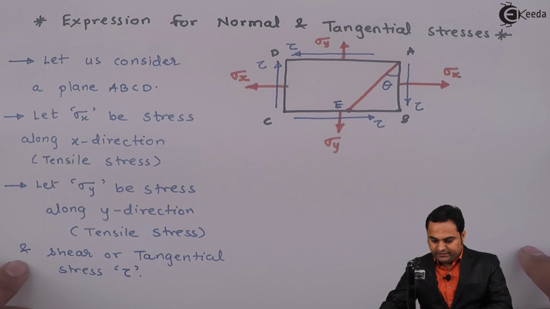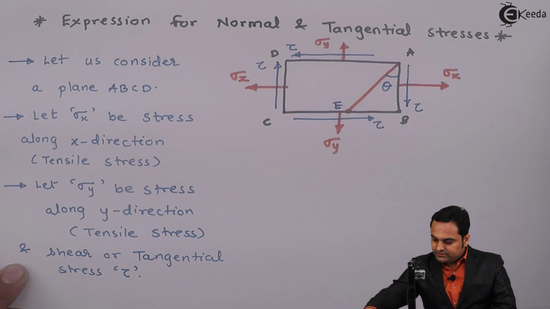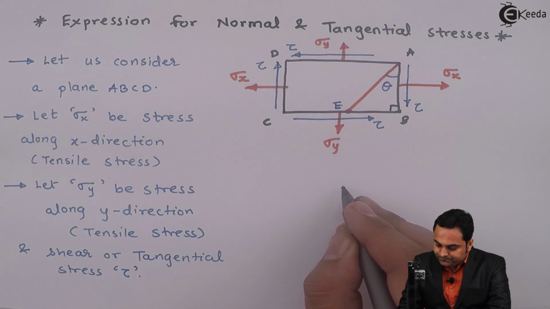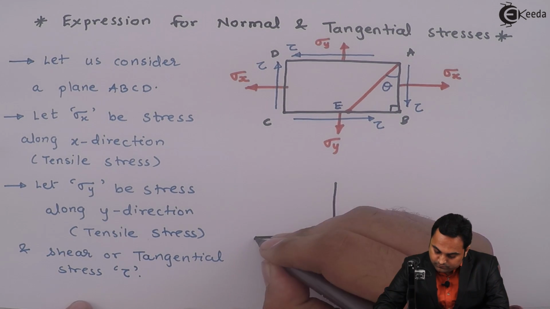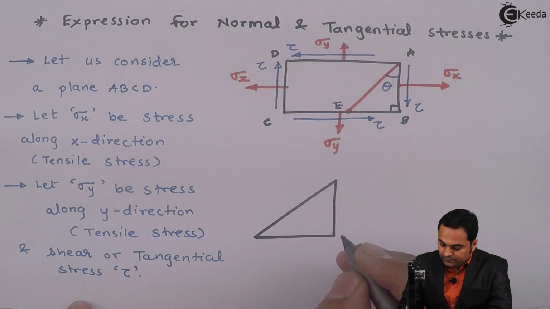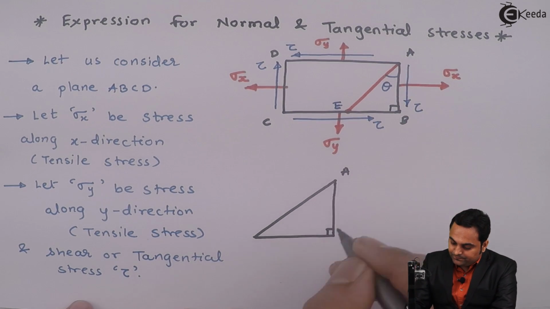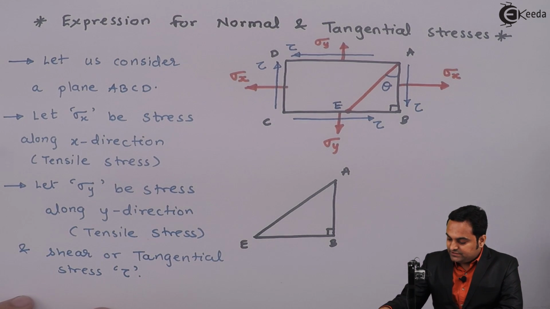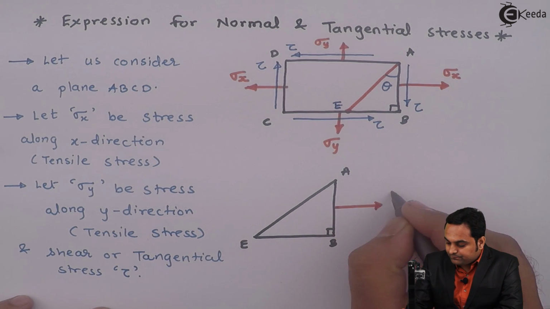So, for that, what I have to do, I'll take this part or this triangle separate and I'll draw it here. Now, this triangle is ABE, right angle triangle, ABE, on which there is sigma x acting along x direction on face AB.